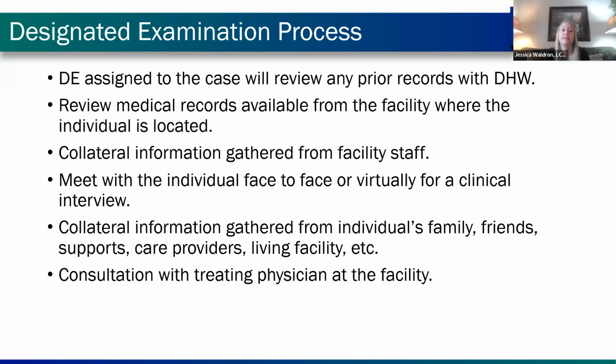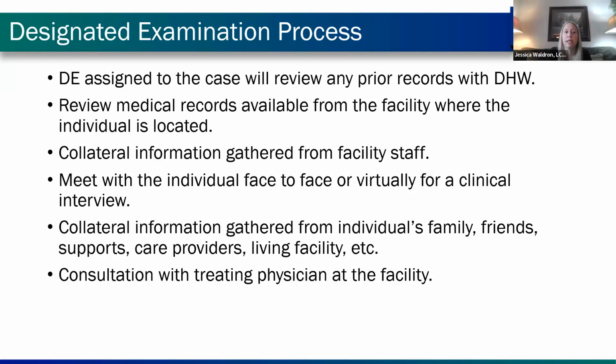We'll request the medical records from the facility where that patient is located. So we generally call it a DE packet, but each hospital usually includes the emergency room records and labs, and then the psychiatric evaluation and the history and physical, and any records that have been generated since that patient's been admitted.